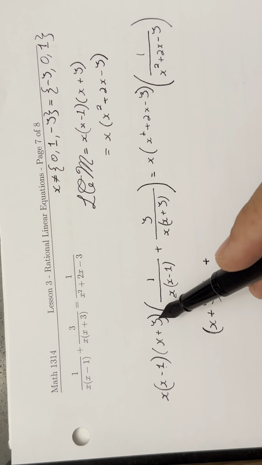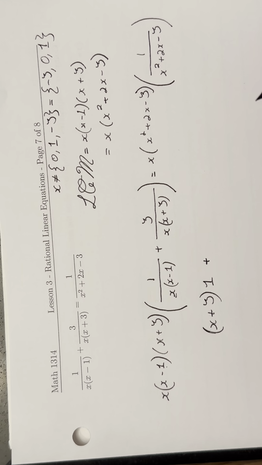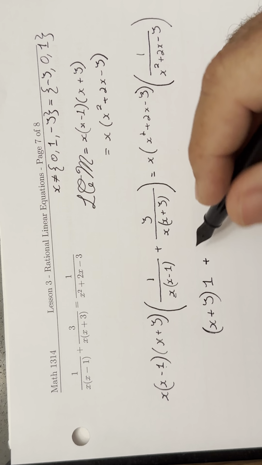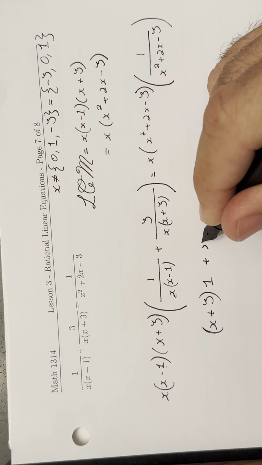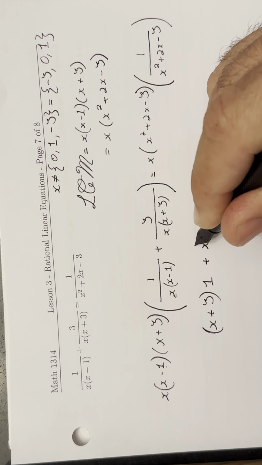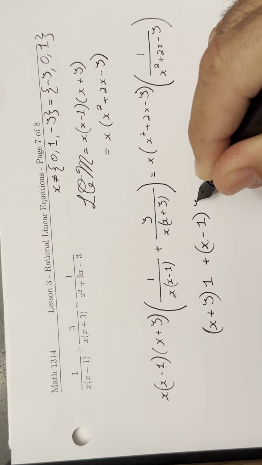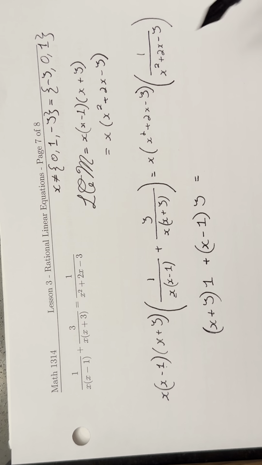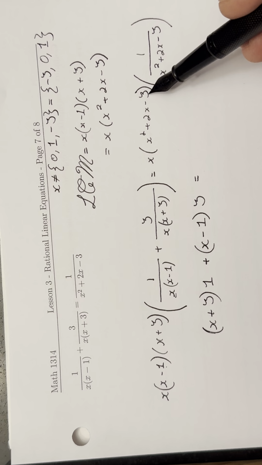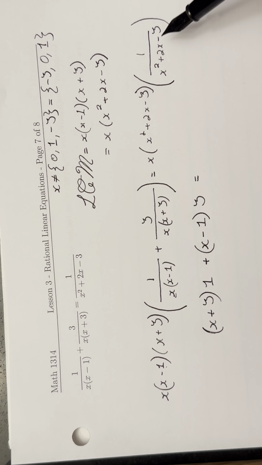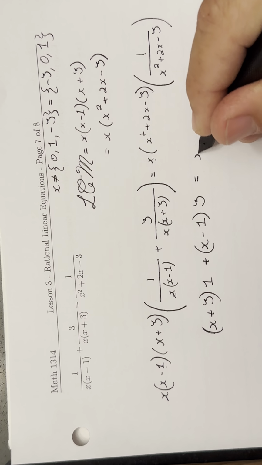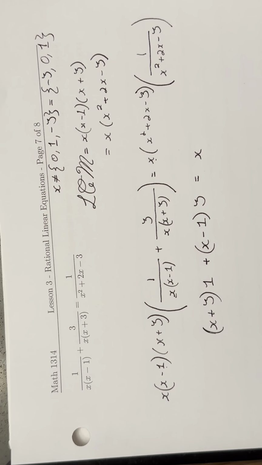This expression divided by itself is 1, leaving us with x minus 1 and the 3. Okay, moving on. x squared plus 2x minus 3 divided by itself is 1, leaving me with the x and the 1 here. And so this is simply just x on the right-hand side.